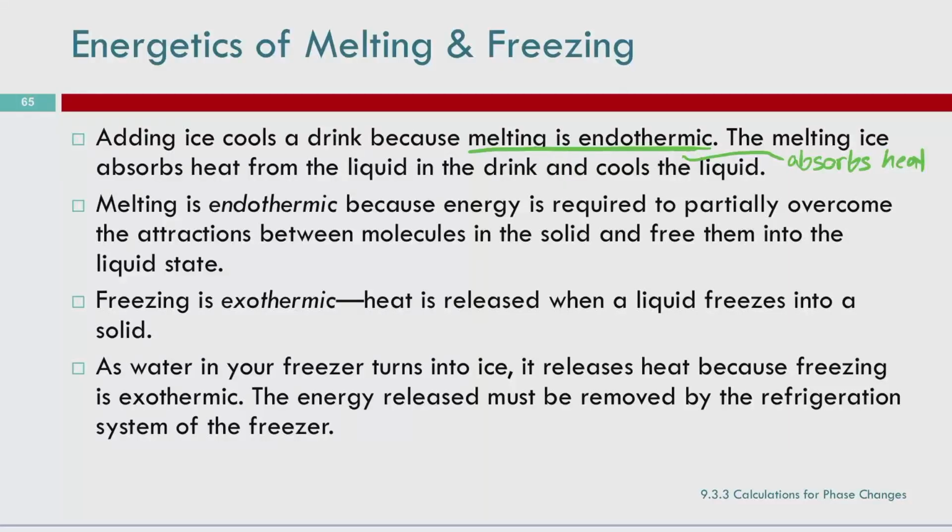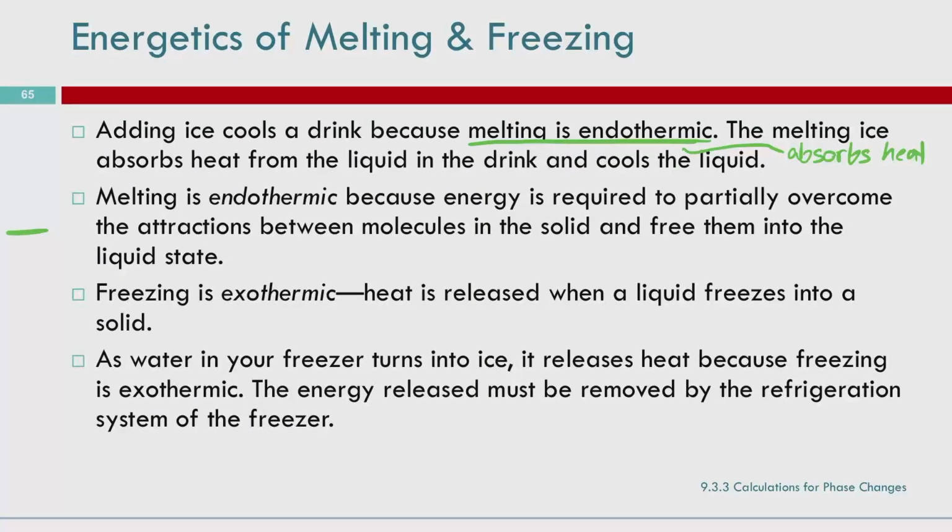The ice is in the solid state. This is another of my favorite graphs. We've got energy on our y-axis. There's no x-axis. We've just got our solid. That's our lowest energy state. Our liquid is a higher energy state. If you add enough heat to something that's a solid, it'll eventually get to a liquid.